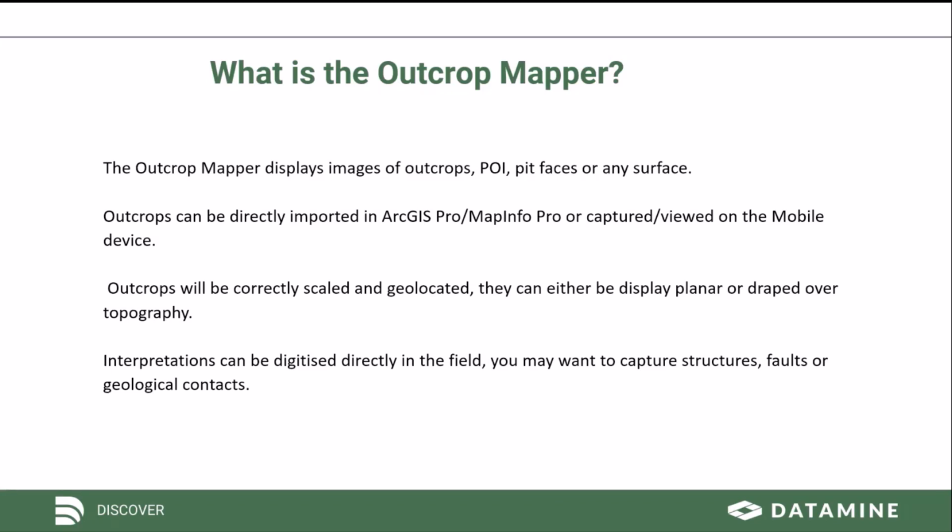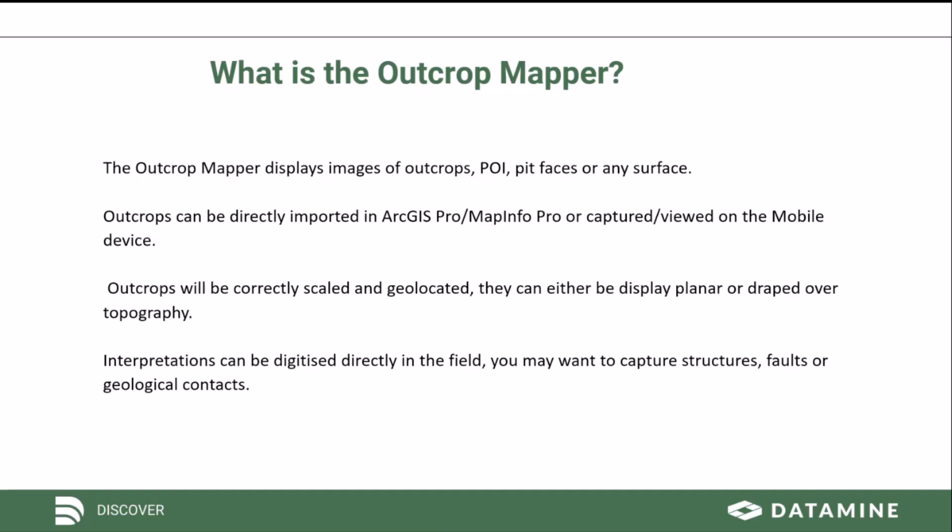might be a point of interest, pit faces, or any type of planar or draped surface that you want to display. What's great about this is you can take photos just on Discover Mobile ordinarily, but they'll just be flat and not geo-registered.